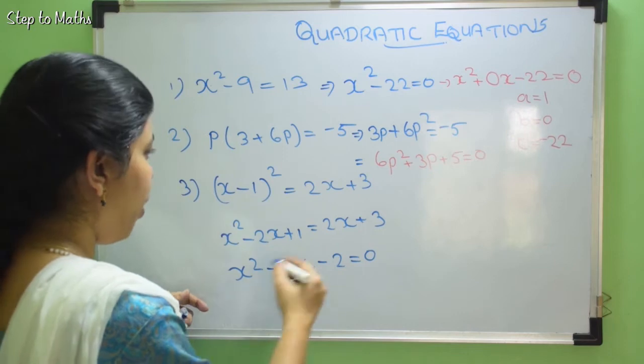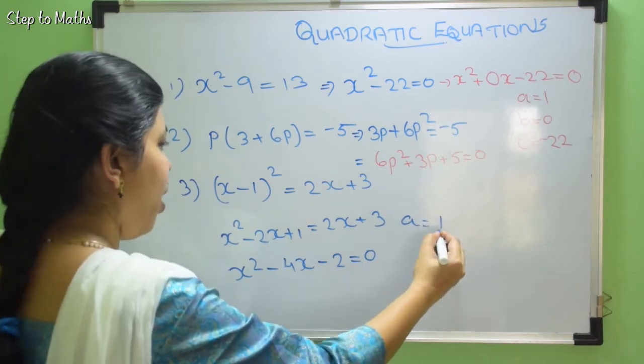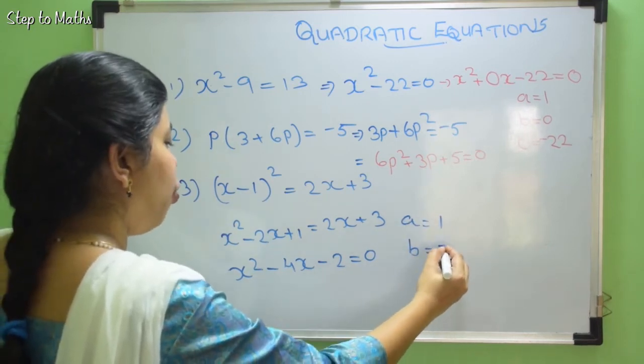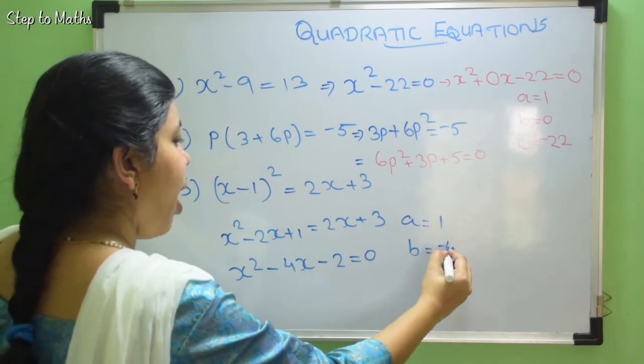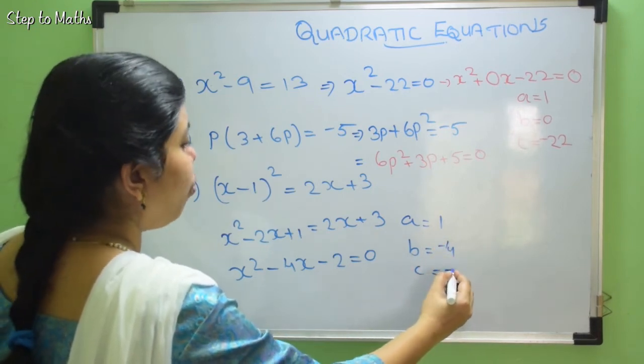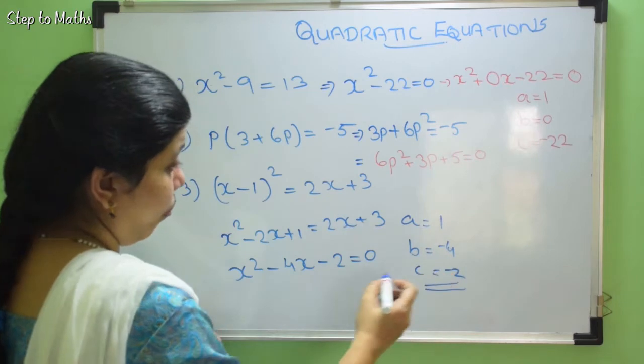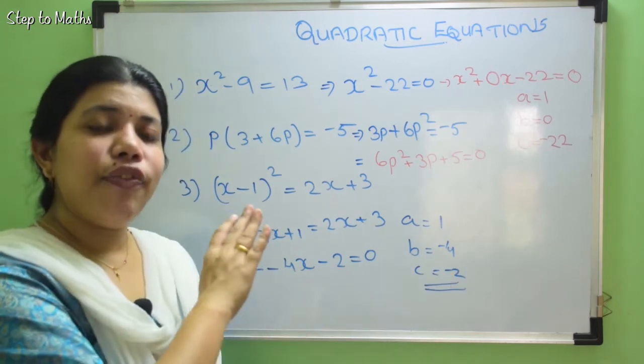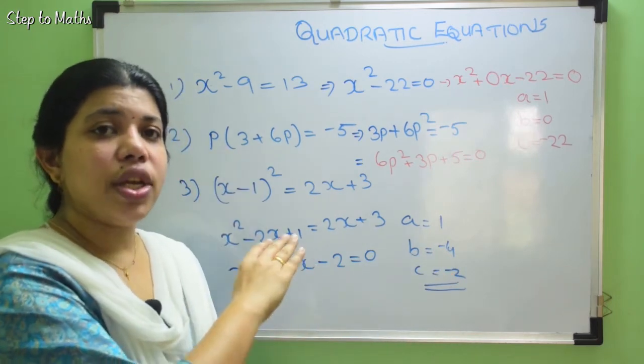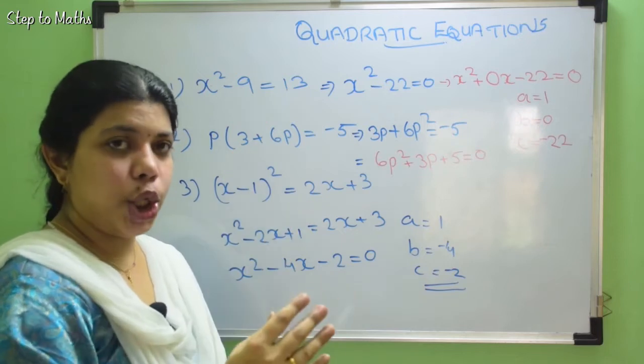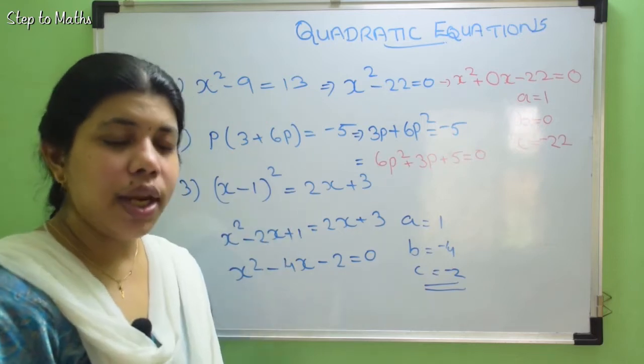Here the value of a is 1, the value of b is equal to minus 4, and the value of c is equal to minus 2. In this way, we can rearrange a given equation into a quadratic equation.